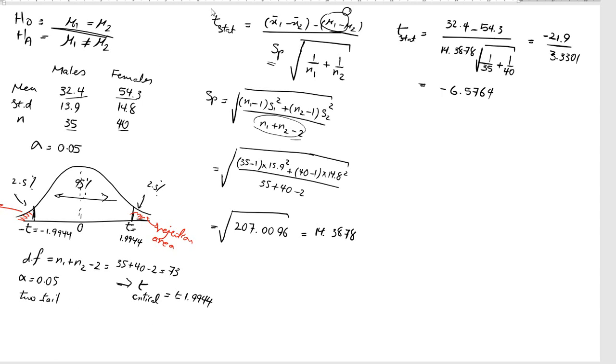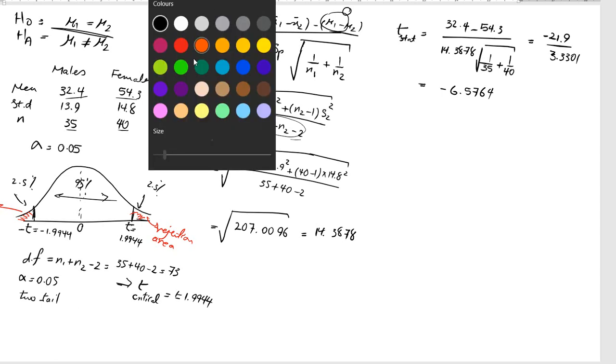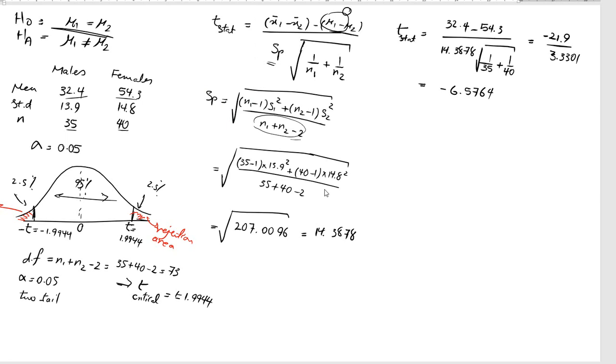Okay, now I change the color here. So minus 6 point 5764, that would be the t-stat, much lower than minus 1.9944. Okay, so what's the conclusion?